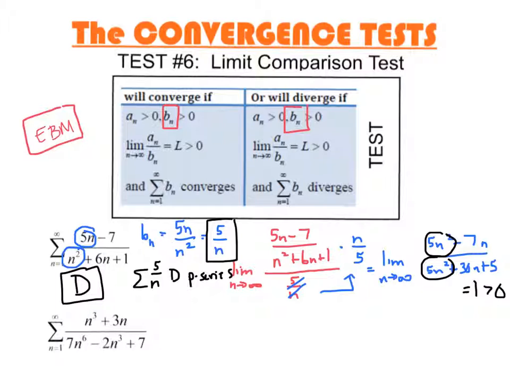Okay, let's look at this second one. Again, I go to the highest power on top and bottom, the stuff that dictates the shape, and I create n cubed over 7n to the 6th, which is the same as 1 over 7n cubed.